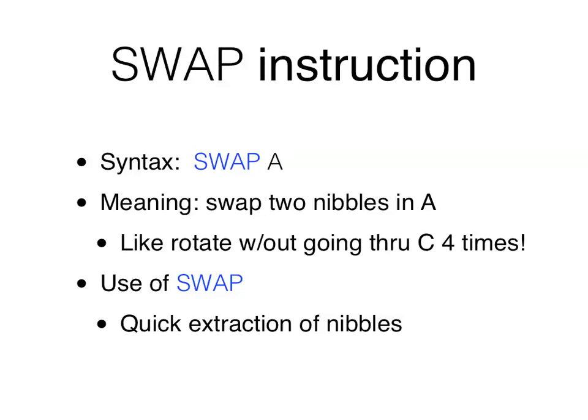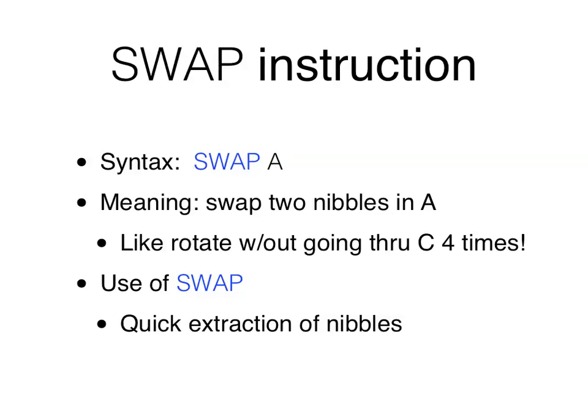Here, rotate only rotates by one position. So swap is kind of a shortcut in that it is like rotating four times. It really doesn't matter if you rotate left or right, they come out exactly the same. So swap is like rotating in either direction, without going through the carry, four times.